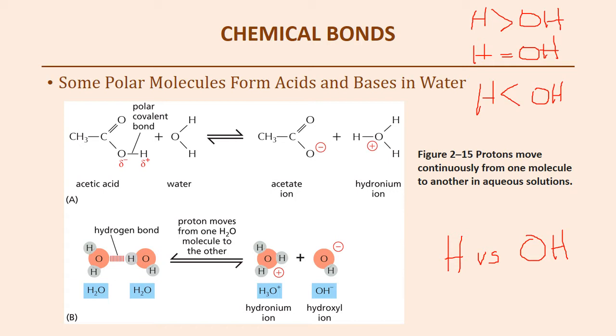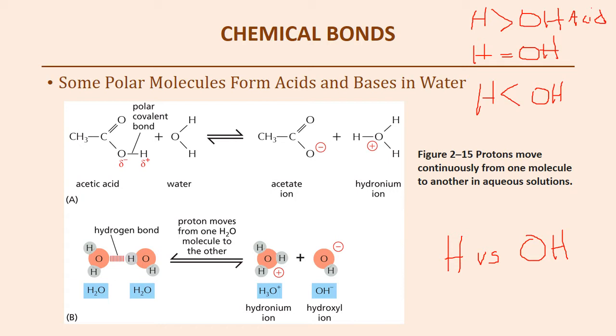So you can take any solution that you want and pull it apart, and from a chemical standpoint, you would literally quantify how many hydrogens, how many H's versus hydroxide, OH's, this solution has. And if you see that the hydrogen exceeds the hydroxide, such as our first option right here, then we are looking at an acid.